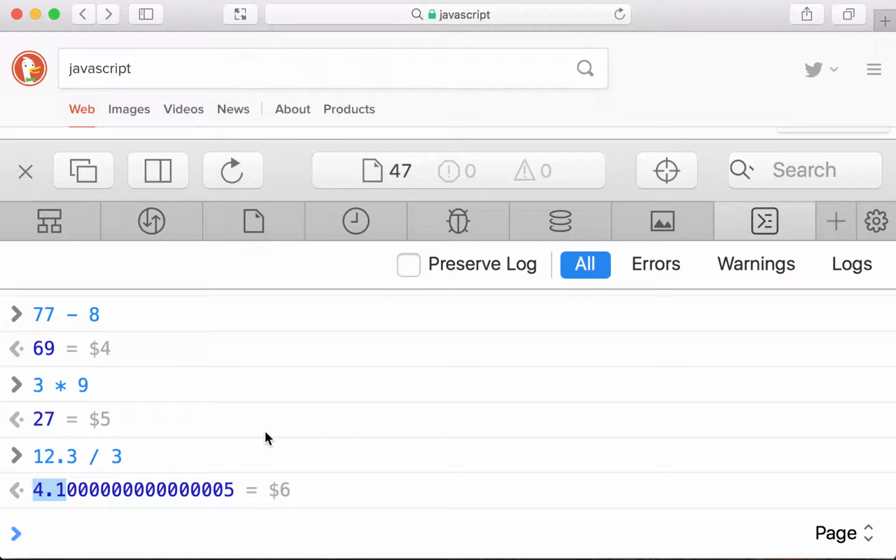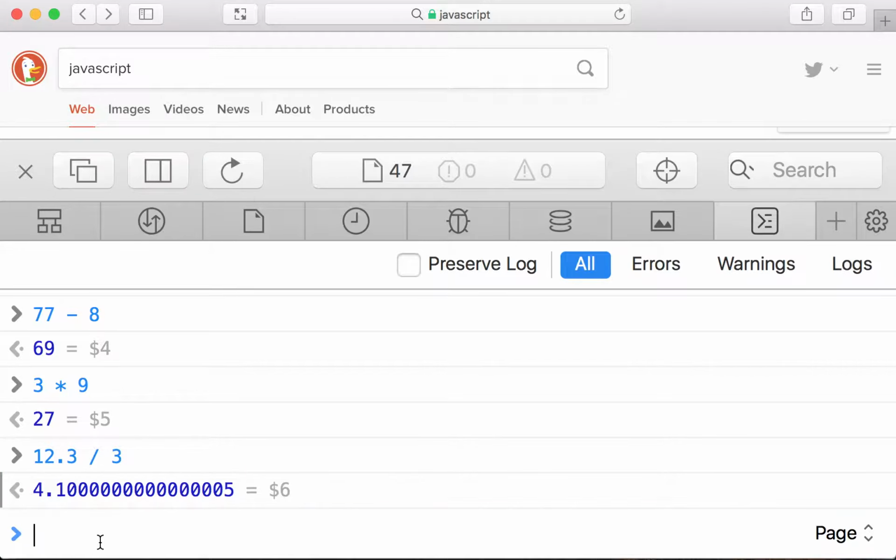There's going to be a slight error there. So be aware of that, okay? Put that in the back of your mind, and it might come up someday if you're doing some really hardcore computations. All right, so be careful with decimal numbers, so-called floating point.